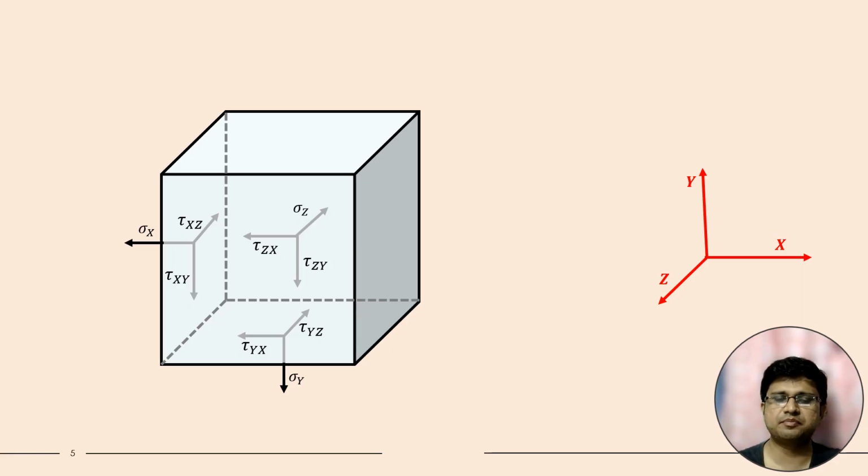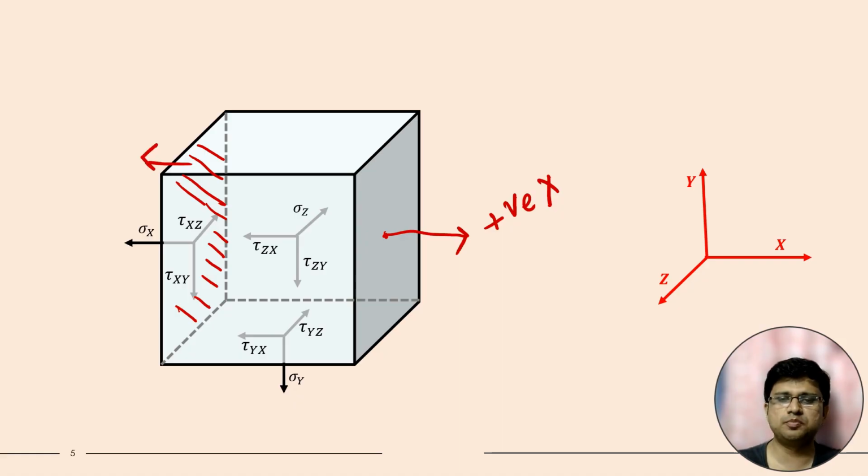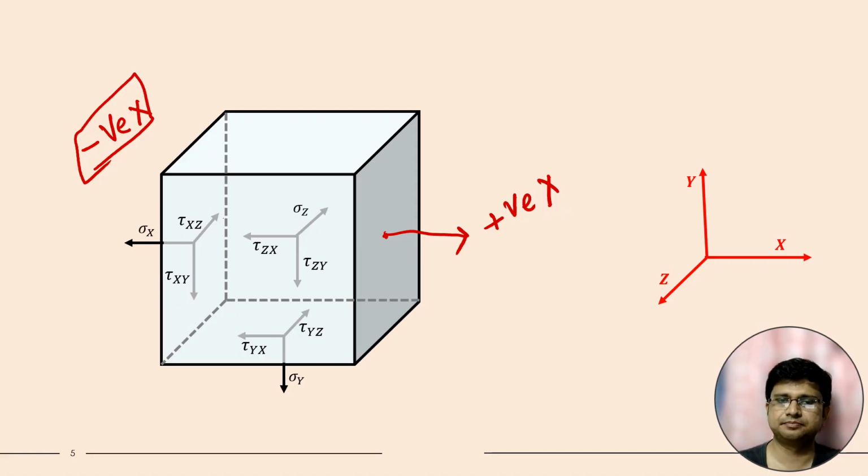Now again, one thing we have to remember is that this is for the opposite plane. If we think about this particular plane, the leftmost plane, and draw the normal, it will be along the negative x direction, whereas for the opposite plane the normal is along the positive x direction. So this plane is the negative plane, and for a negative plane we consider the directions also as negative.